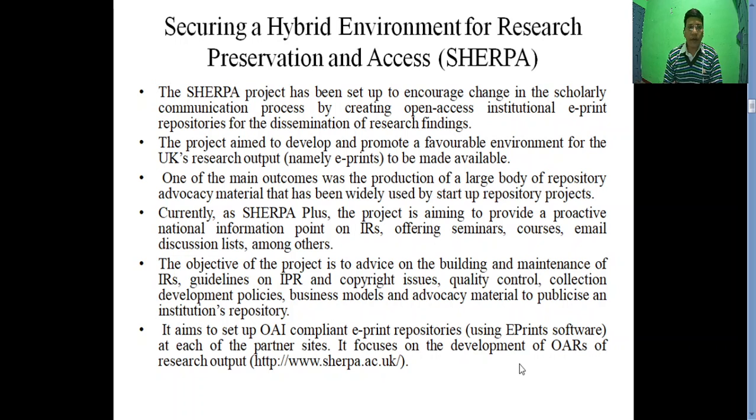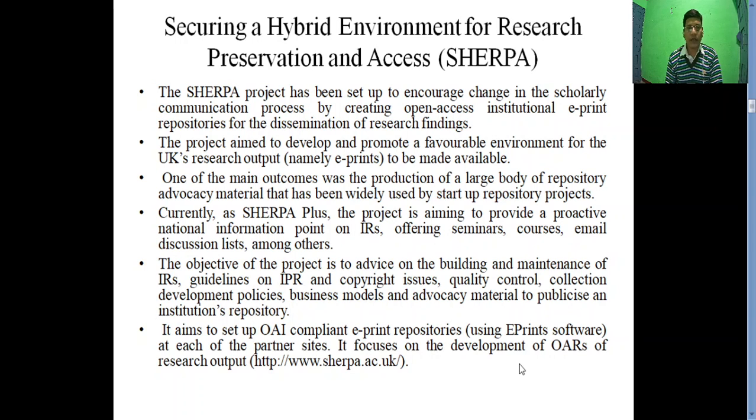Now I come to the point: securing a hybrid environment for research preservation and access. Securing a hybrid environment for research preservation and access, that is SHERPA.